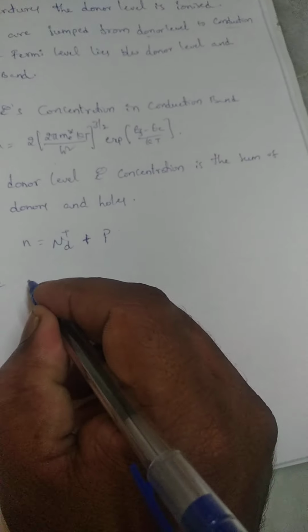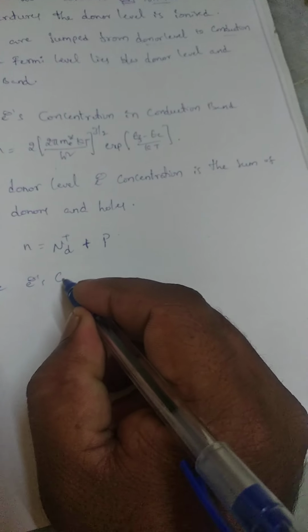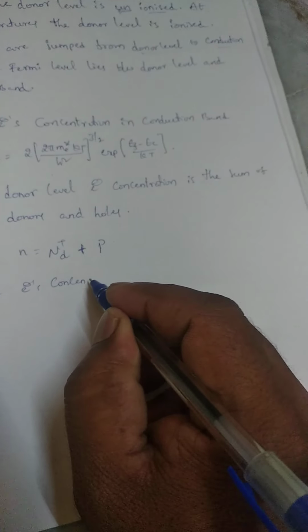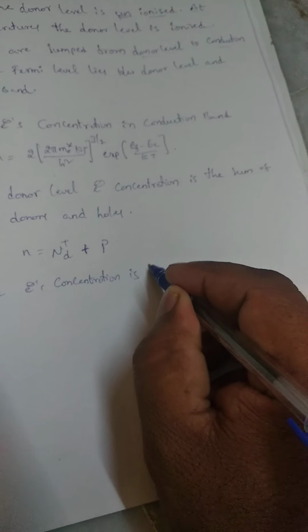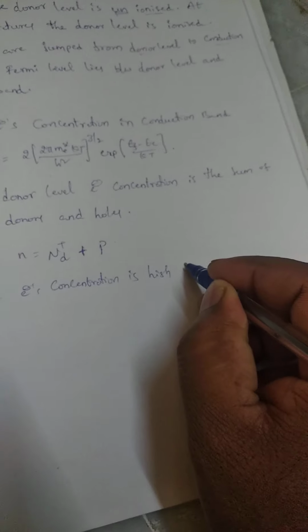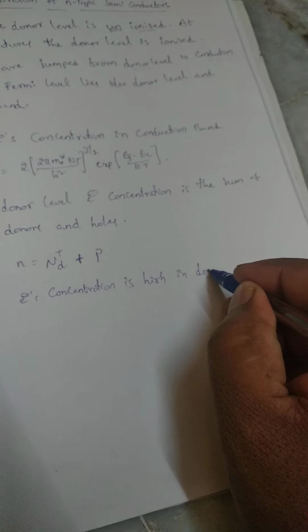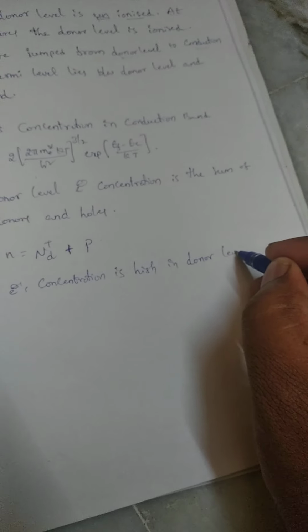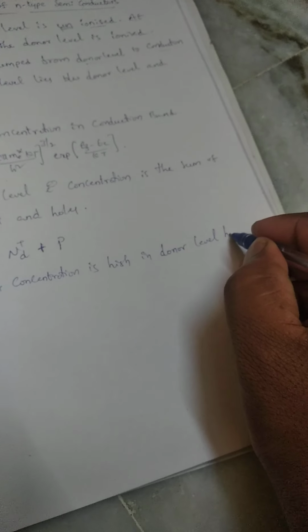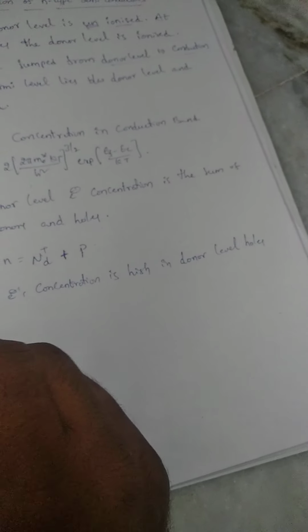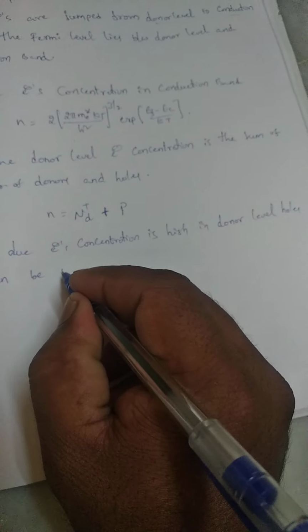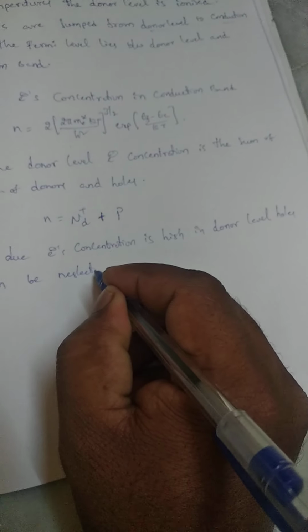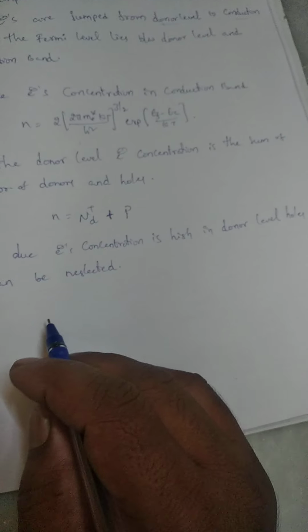Due to the electron concentration being high in the donor level, holes can be neglected.